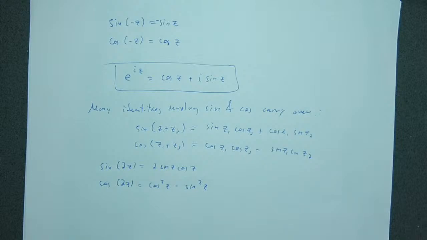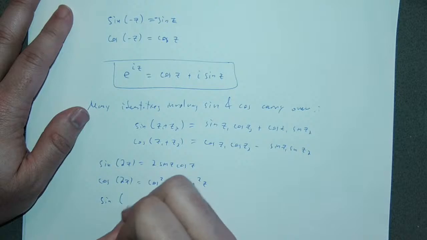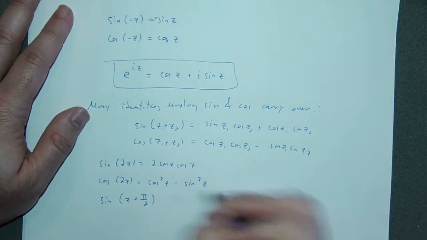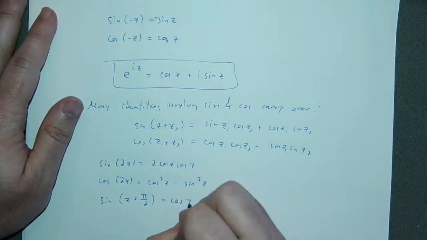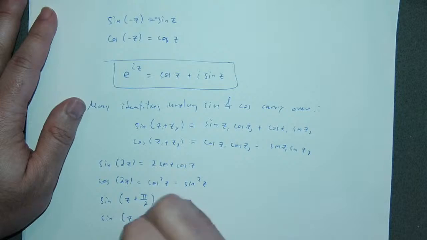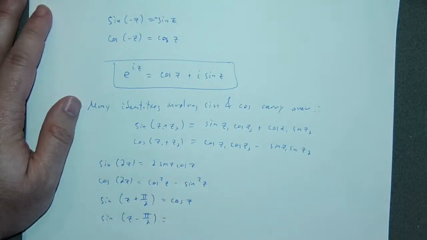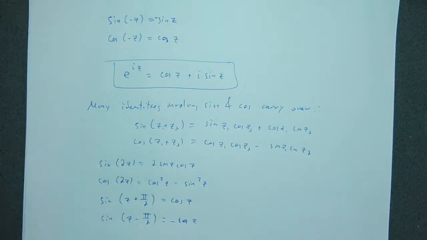Okay, and we have the usual relationship between sine and cosine, where if I shift sine by pi over 2, sine of z plus pi over 2 is cosine z, and shifted the other way, sine of z minus pi over 2 is minus cosine z. So there's more than just this.